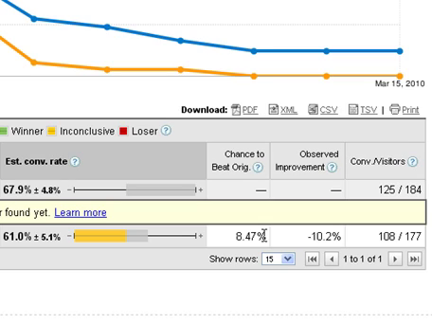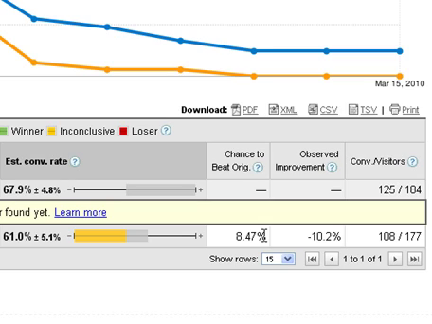Let me say that again. Ideally, we would want to wait until there was as low as a 5% chance that the loser would beat the winner. What that really means is that we are 95% sure that the winner is beating the loser and will continue to beat the loser forever.